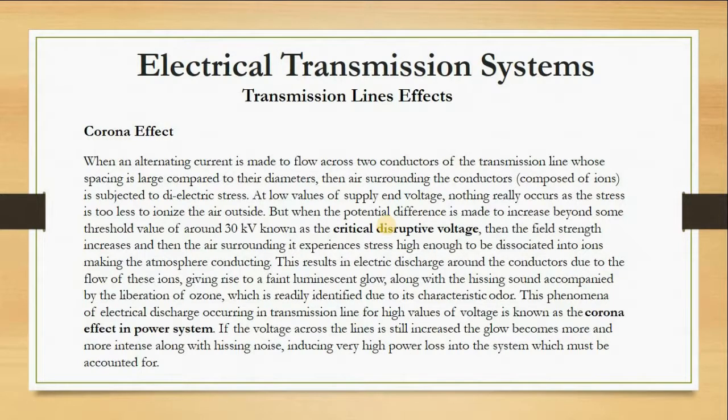along the transmission line, and usually it is not every area that you see corona effect. The reason is that corona is dependent on the atmosphere surrounding the transmission line. It depends on humidity, because corona is actually the discharge of current through the air surrounding the transmission line.